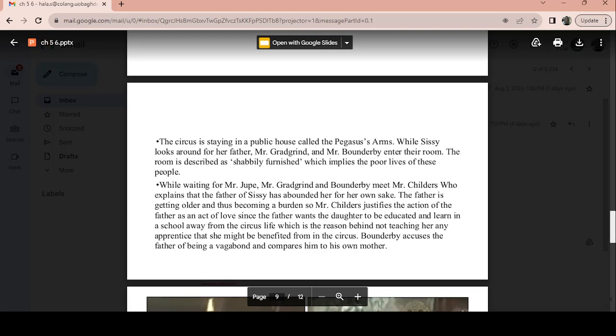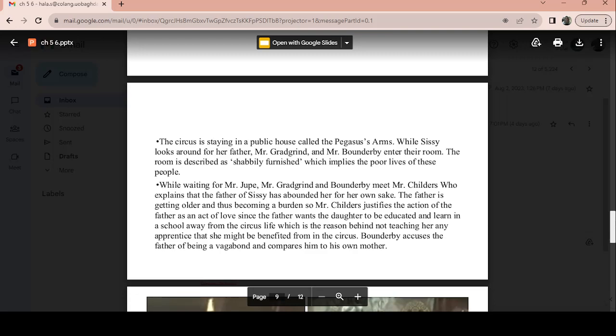The father is getting older and thus becoming a burden, so Mr. Childers justifies the action of the father as an act of love, since the father wants the daughter to be educated and learn in a school away from the circus life, which is the reason behind not teaching her any apprenticeship that she might benefit from in the circus.